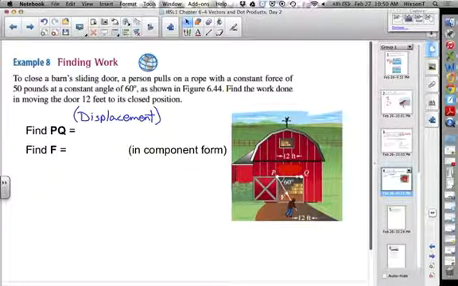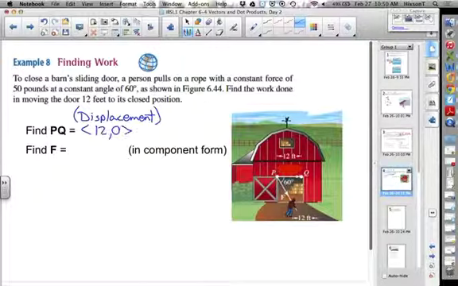If I move it 12 feet to the right, then what's my vector? 0, 12. 12, 0. Okay? I was close. 12, 0.